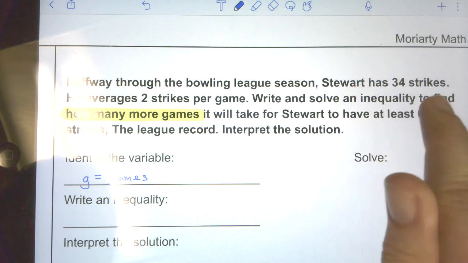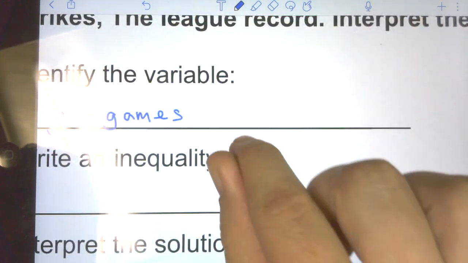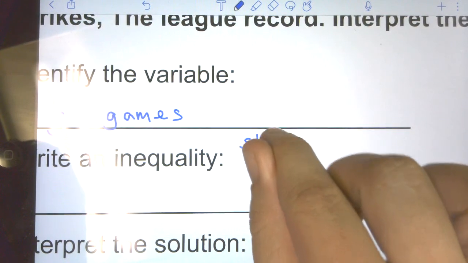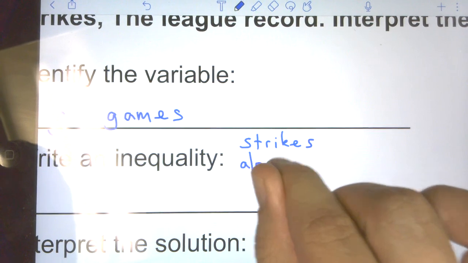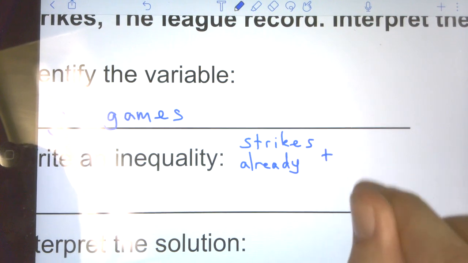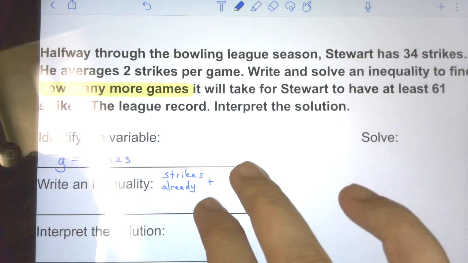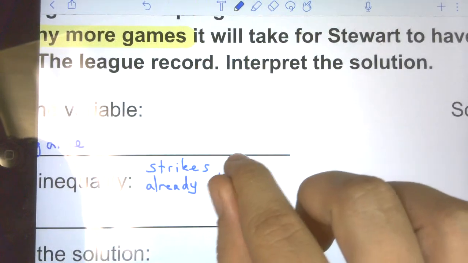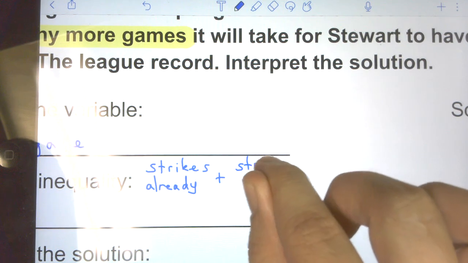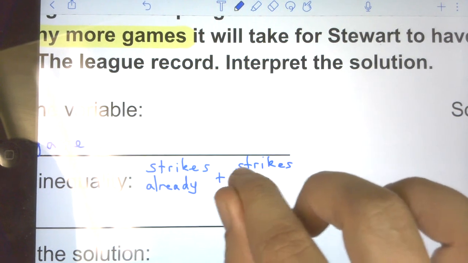But what makes up that total is what he already has. So I'm going to say strikes already. Not great grammar, but it'll work. In addition to that, we know his rate. It's going to be 2 strikes per game. So I'm going to add just the strikes per game.